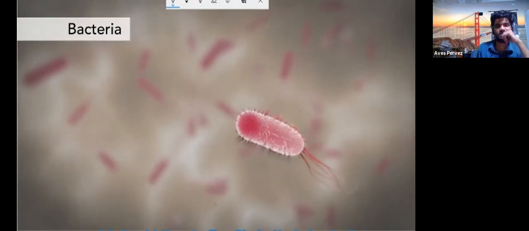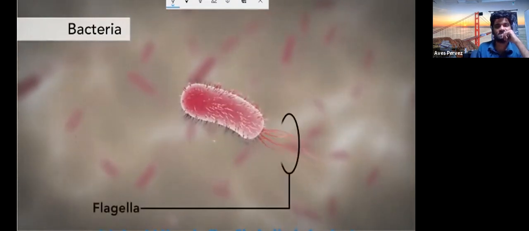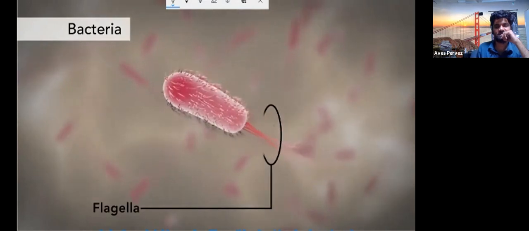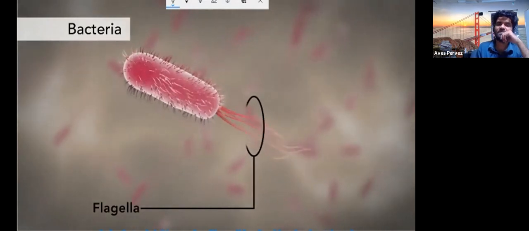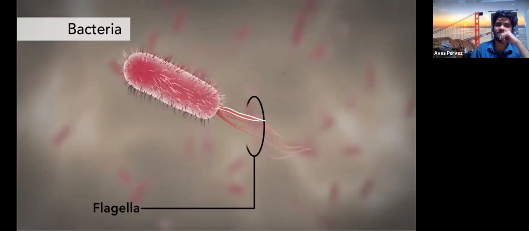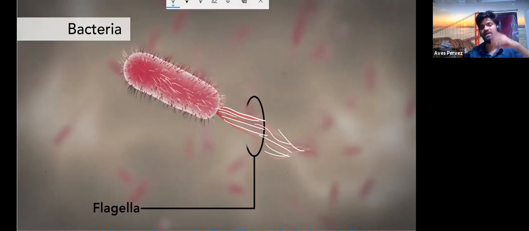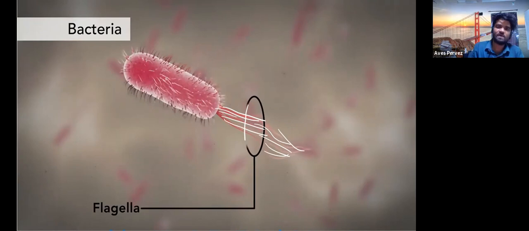Another unique feature in some cells is flagella. Some bacteria have flagella, a tail-like structure, and these thread-like structures help in the movement of the cell.